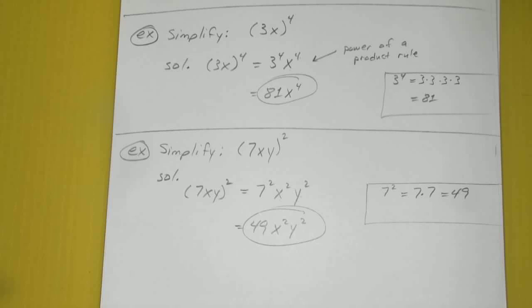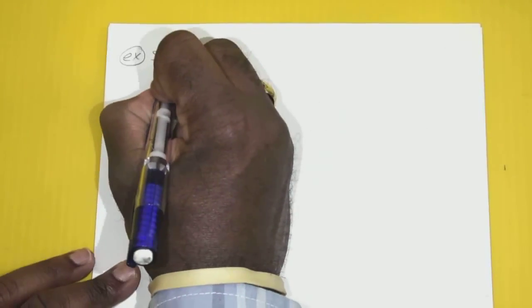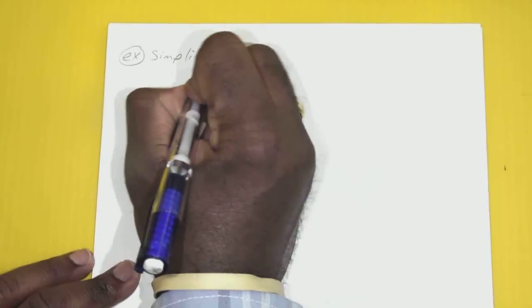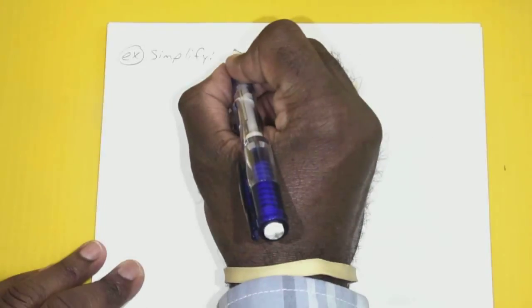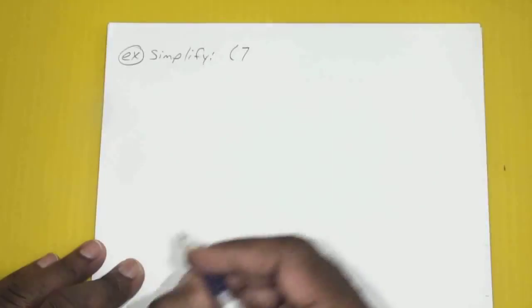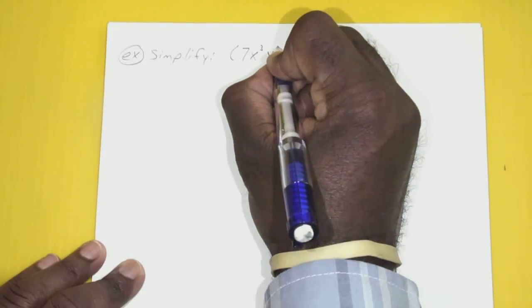Alright, so let's say if we wanted to simplify, instead of 7xy squared, let's say we make it 7x to the third, y to the fifth, squared.